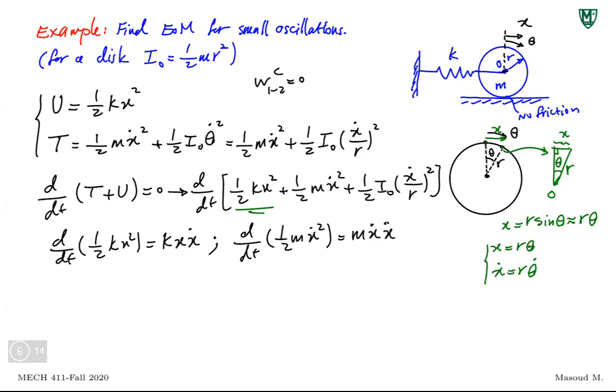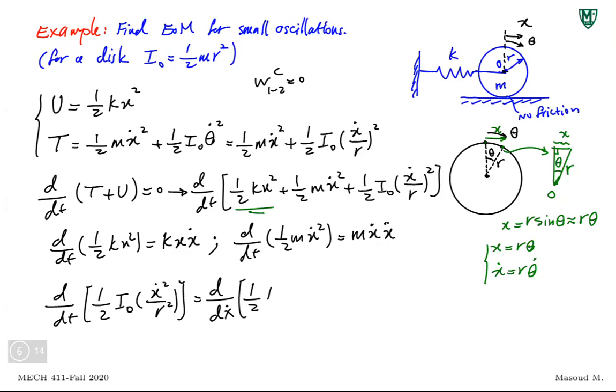The third term is relatively new, but it's the same process: 1 over 2 I_O (x dot over r) squared. We can write it as d/dx dot. I'm following the same process I followed before when taking the derivative of 1 over 2 m x dot squared. This becomes 1 over 2 I_O x dot squared over r squared times d x dot/dt.